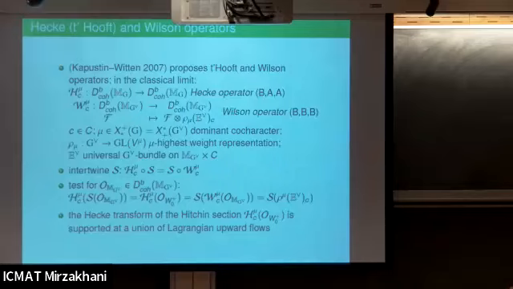Then you will get a new Higgs bundle. What we managed to understand in the paper with Nigel is that when you do a Hecke transformation on the Hitchin section of this particular kind, you will end up in another upward flow. So let me first explain these upward flows.